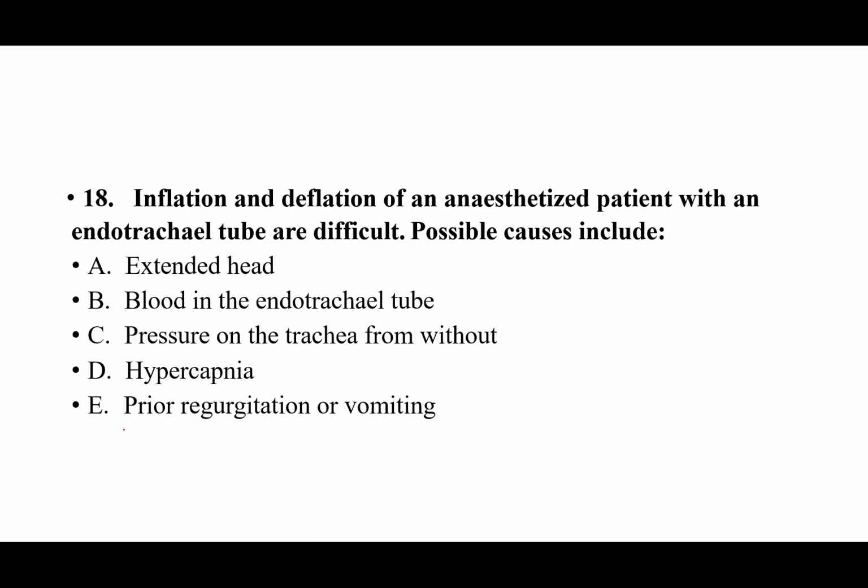Next question. Inflation and deflation of an anesthetized patient with an endotracheal tube are difficult. Possible causes are A, extended neck; B, blood in the endotracheal tube; C, pressure on the trachea from without; D, hypocapnia; E, prior regurgitation or vomiting. Which one is true? Which one is false? Let me be ticking. A. True or false? False.